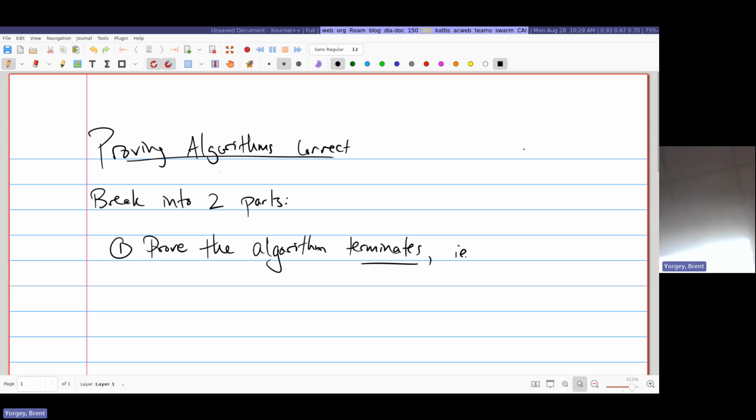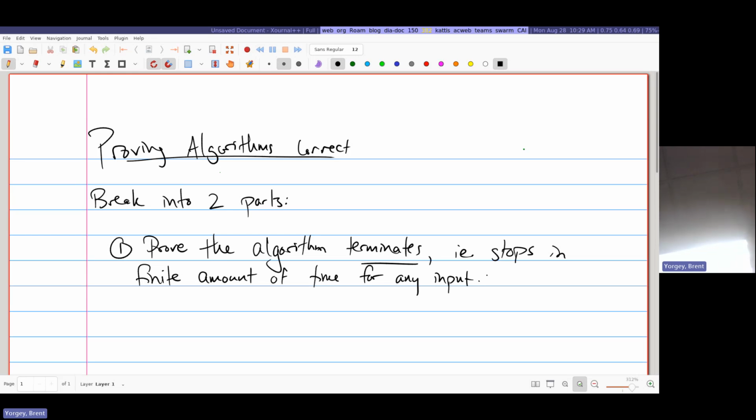And what we mean by that is it stops in a finite amount of time for any input. It's not very useful if we have algorithms that sometimes just go off and never stop.